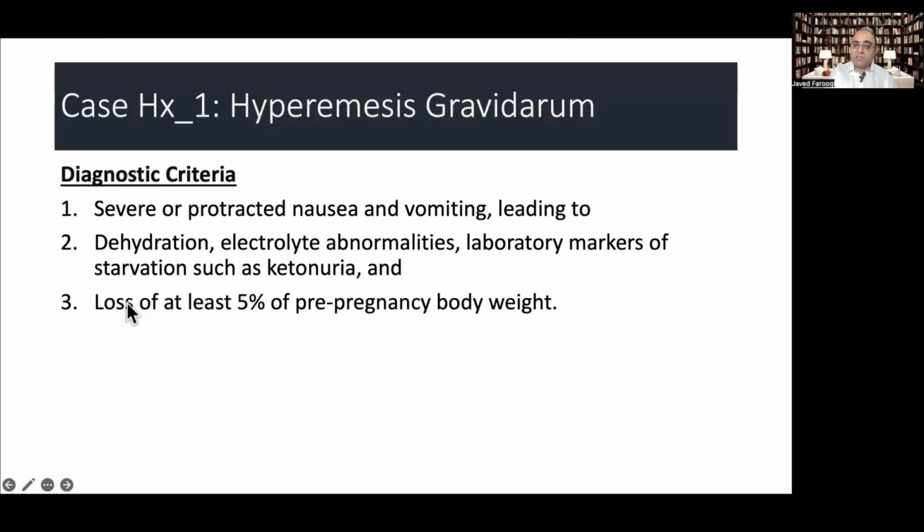And there will be loss of at least 5% of the pre-pregnant body weight. So the triad of the diagnostic criteria: severe or protracted nausea and vomiting, which leads to dehydration, electrolyte abnormalities, lab markers of starvation such as ketonuria, and loss of at least 5% of the pre-pregnancy body weight.